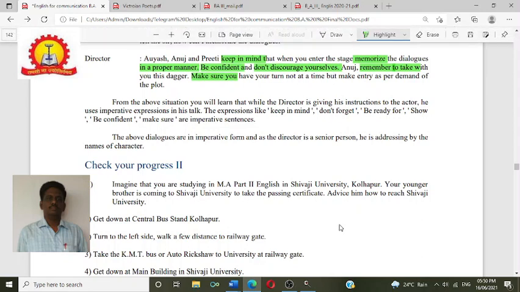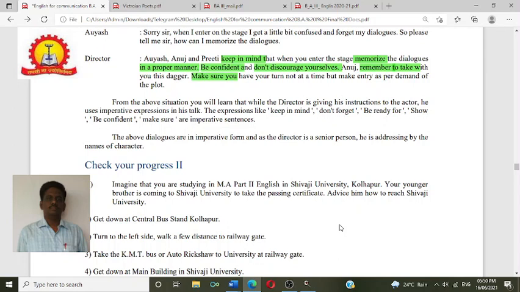Expressions like keep in mind, don't forget, be ready for, show, be confident, make sure are imperative sentences, in which the instructor is asking the person he is instructing to do something.